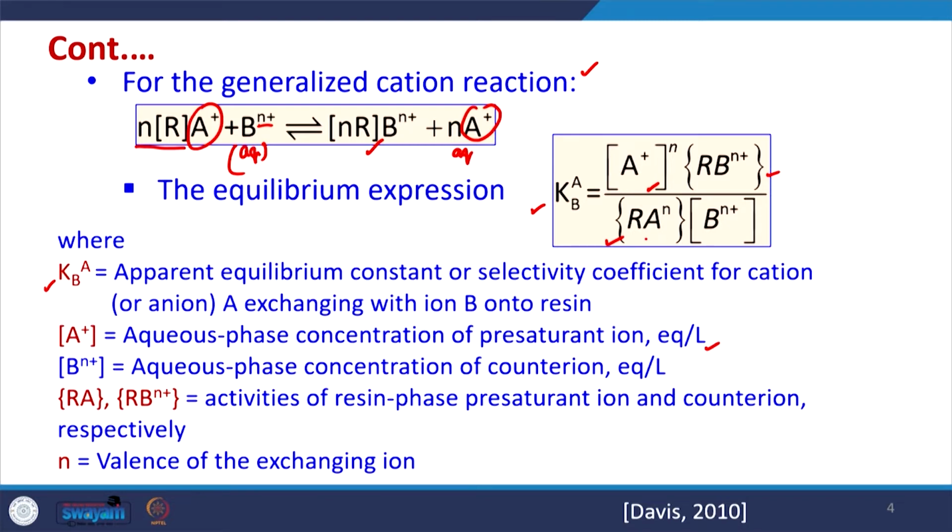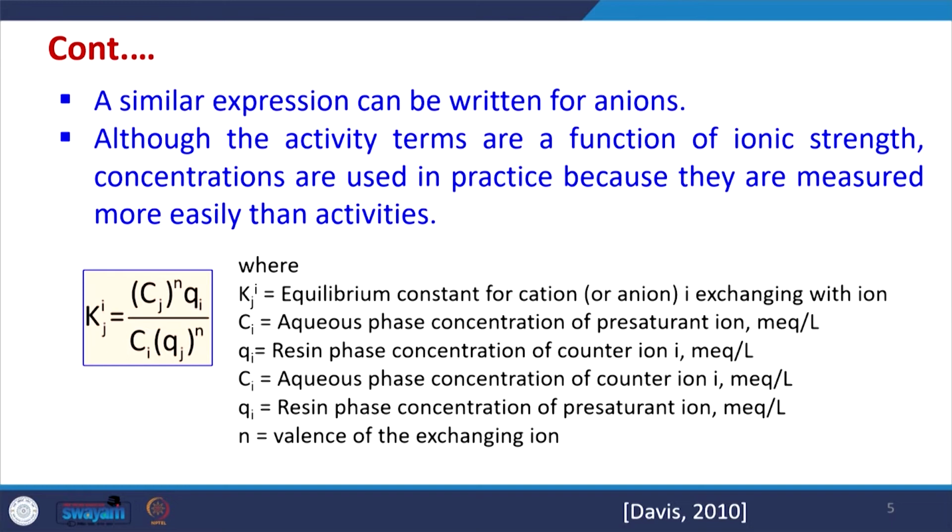Similarly, B n plus is the aqueous phase concentration of counter ion which has to be removed, again in equivalent per liter, and these are the activities of the resin phase pre-saturant ion that was already present on the resin, and the counter ion, and N is the valency of the exchanging ion. So, we can represent the generalized expression like this. A similar expression can also be written for anions if you wish.